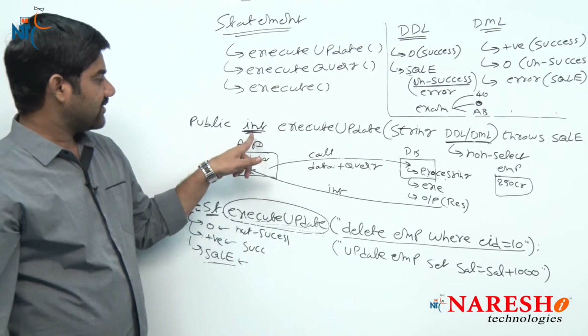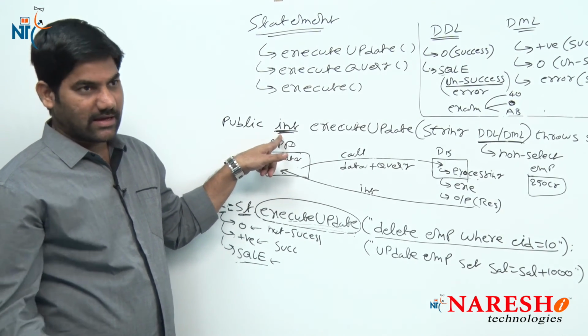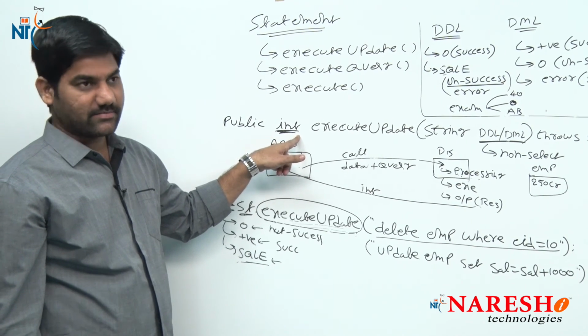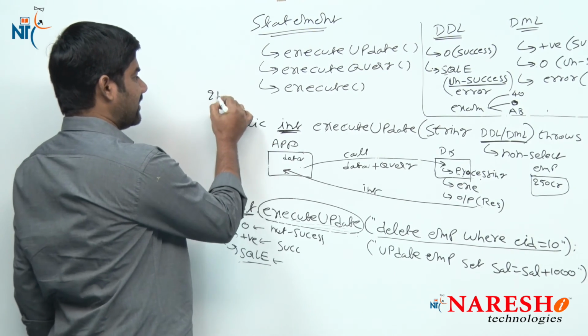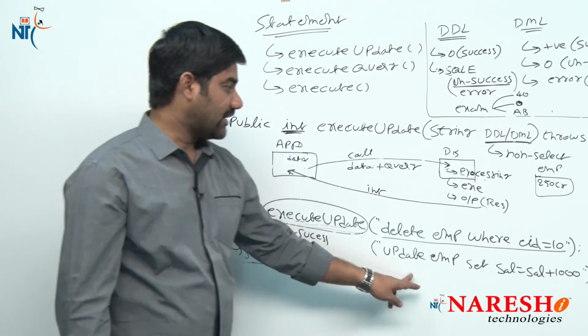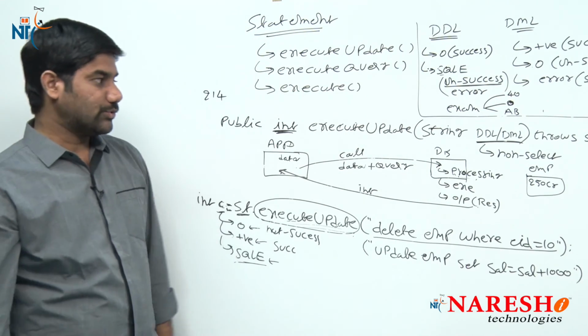What I am saying here is that the return type of executeUpdate is integer. If you remember the integer data type range in our Java application, the maximum it allows is nearly 214 crores only. But here our database is returning a value of 250 crores. Then what to do, sir?